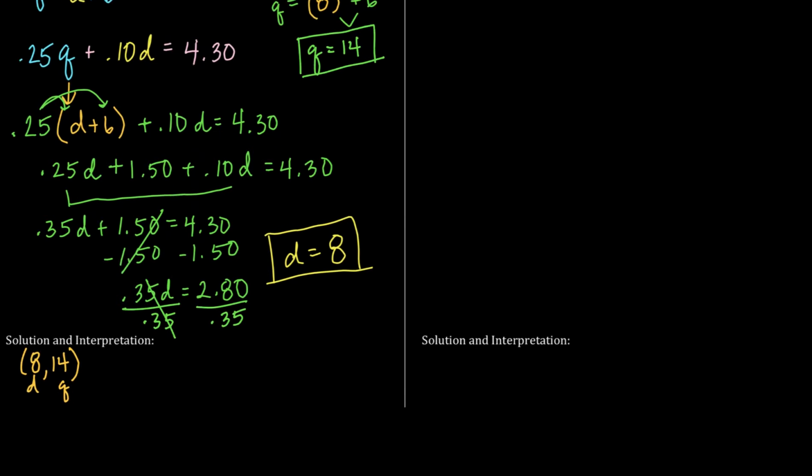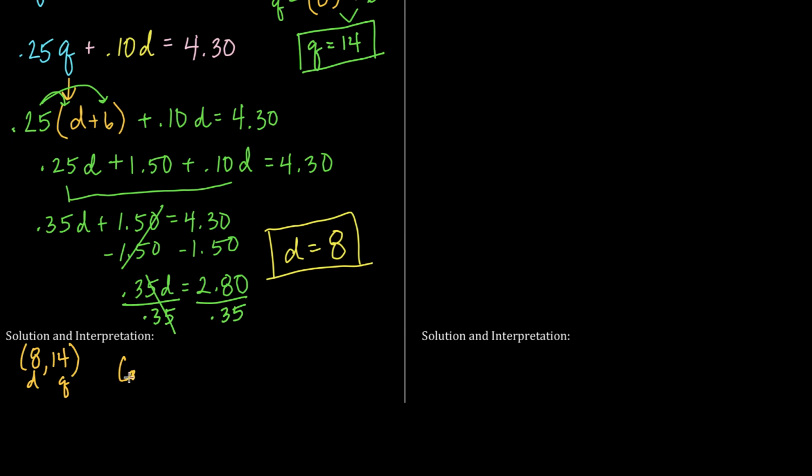We're talking about Cal. Cal had 8 dimes and 14 quarters.